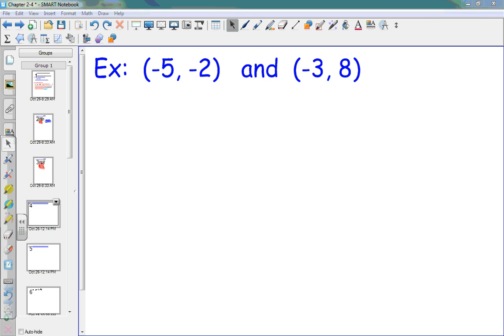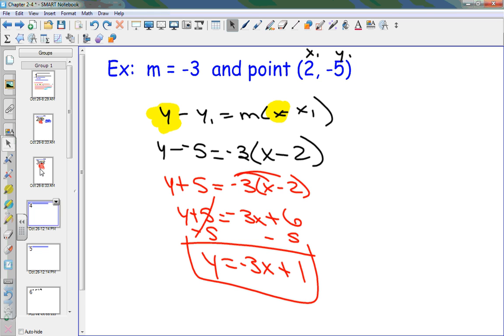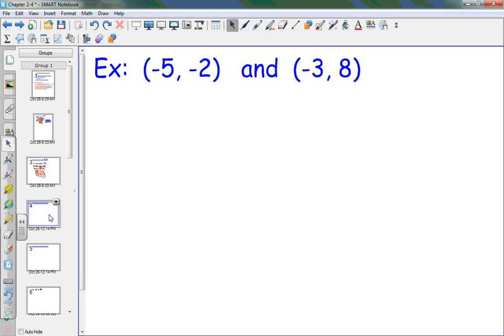Okay, now we're given the 2 points, and now what do I have to find? Why do I have to find slope? Because in the previous example, I was given a slope and a point. In order to find the equation of y, you have to have a slope. In this example, I'm giving you 2 points, but I don't have a slope. But how can I find the slope given 2 points?